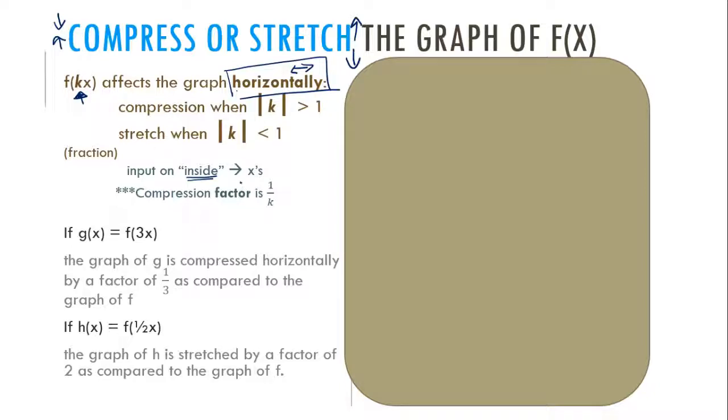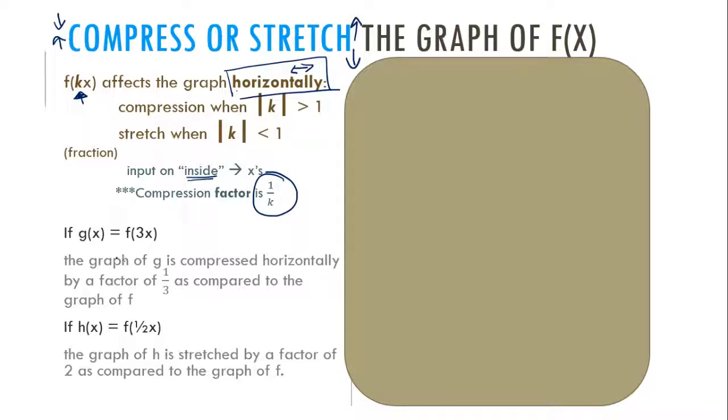When I do this for compression or stretching horizontally, the compression factor is opposite, just like with the horizontal shift, where the sign was opposite. I'll show you what this means in a second. But my compression factor is 1 over k.